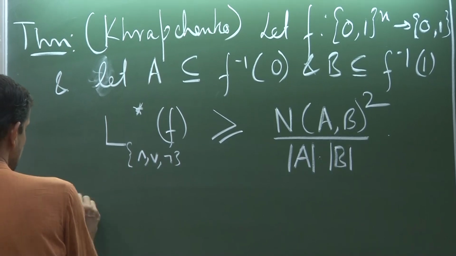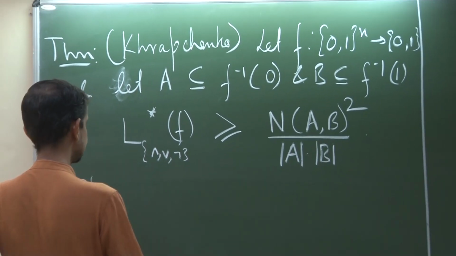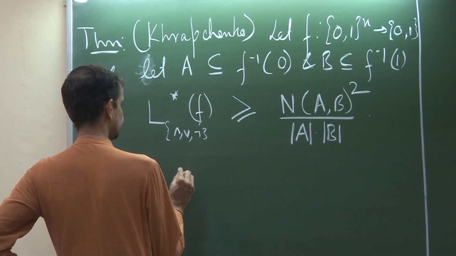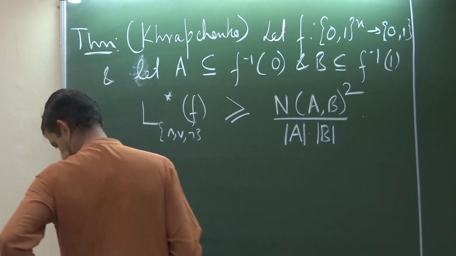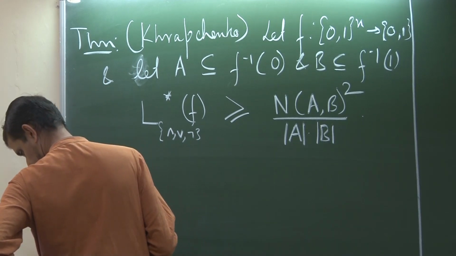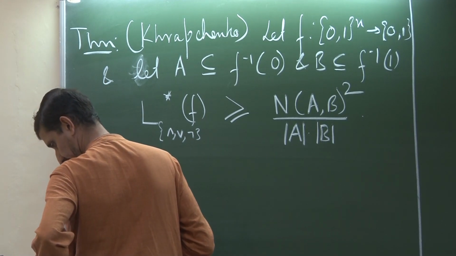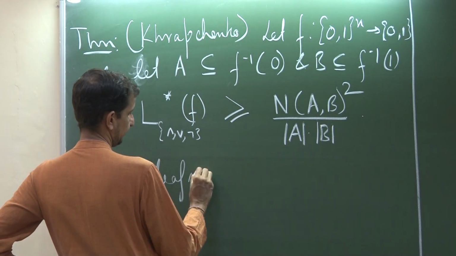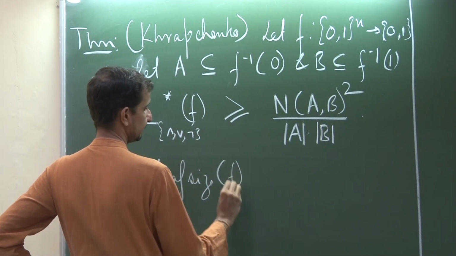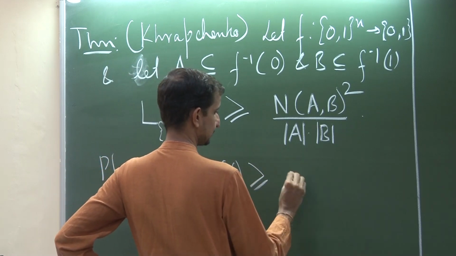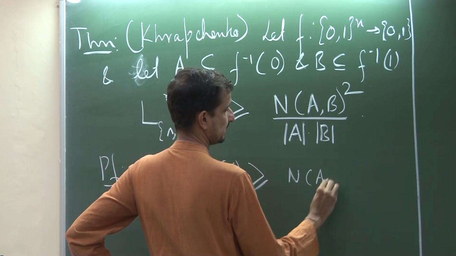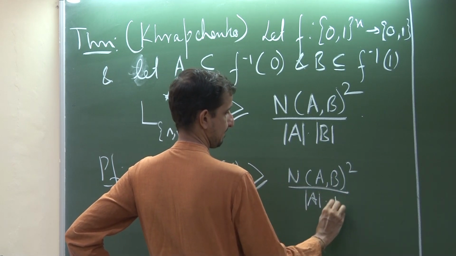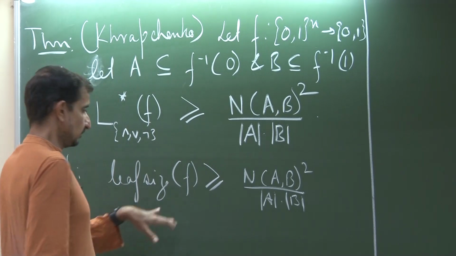What we will prove, as I said last time, is the bound on the leaf size. So, we will show that the leaf size of f is at most this quantity. What is leaf size?